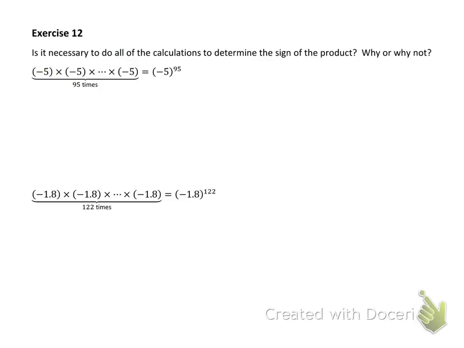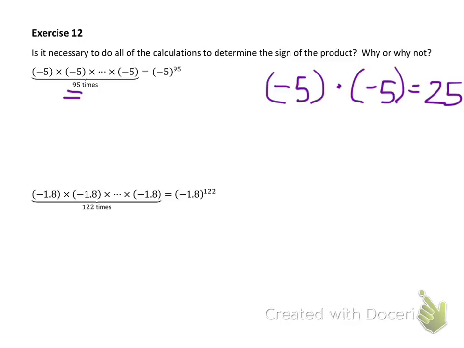Once again, I could think about this idea that -5 times -5 is going to be +25. A negative times a negative there will give us a positive product. So looking at 95 factors, that means I have an odd number. That means I'm going to have a bunch of pairs, and then times a -5 in the end.